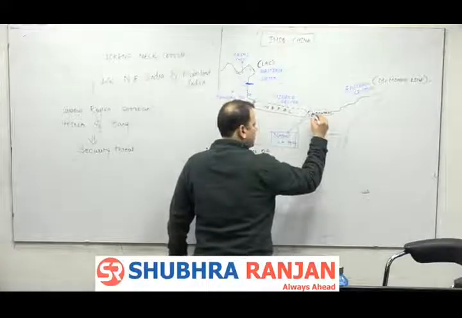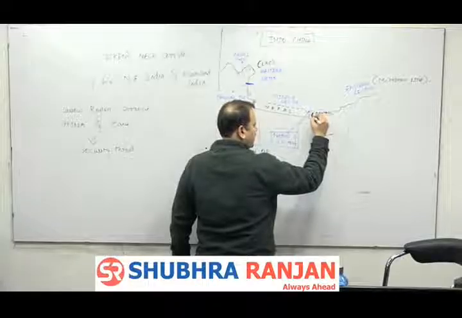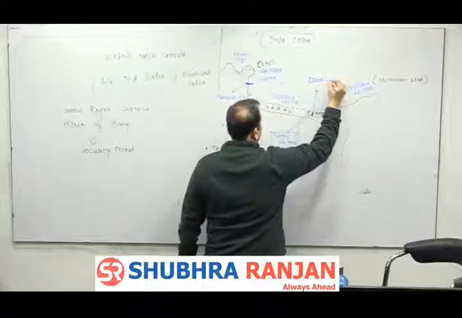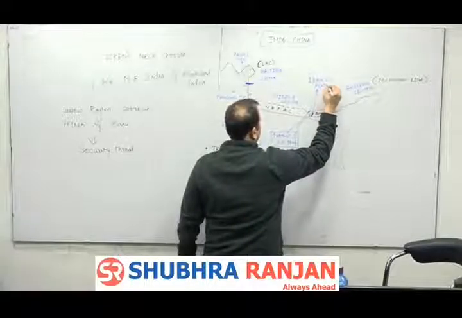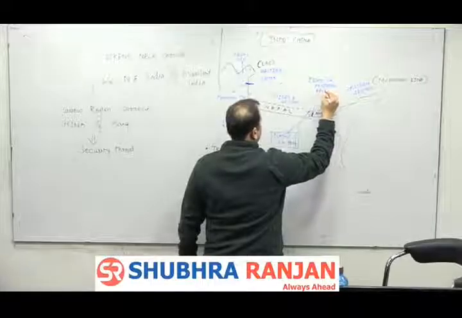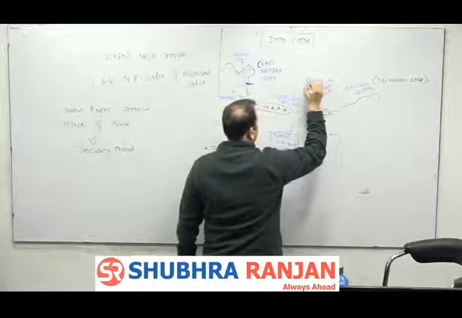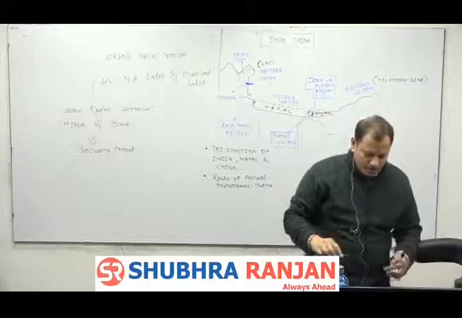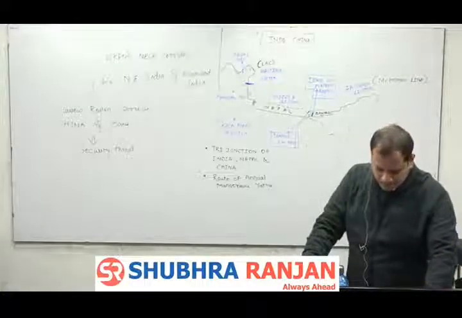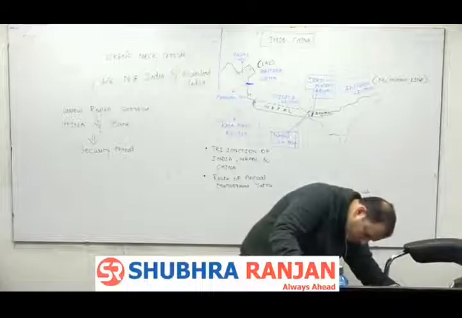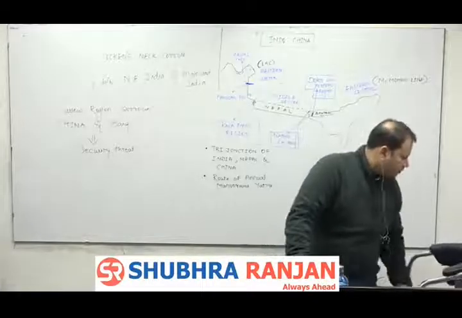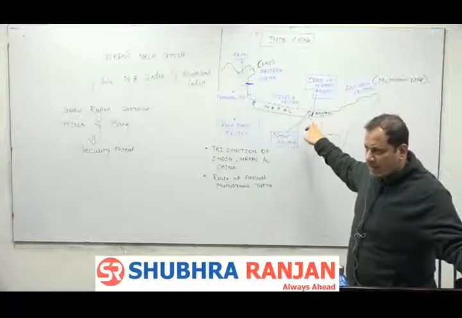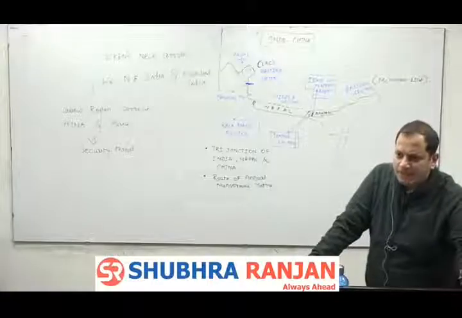And this region which I am marking now between India, China and Bhutan is what is the Dokla Plateau region. A tri-junction of India, Bhutan and China. So which state of India? Sikkim.